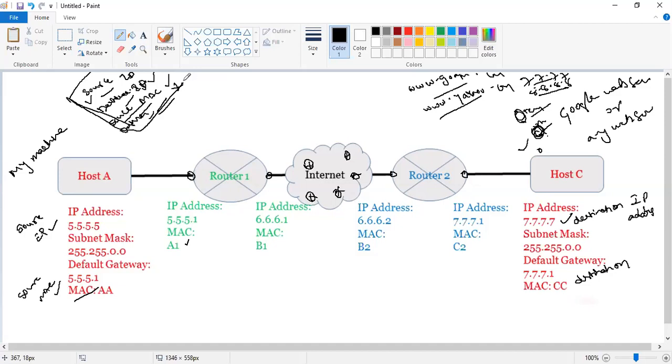For that, you have to include the destination MAC address as your router's MAC address. This machine's entrance will have one MAC address, and the exit will have a MAC address, but we are including the one where we have connected.